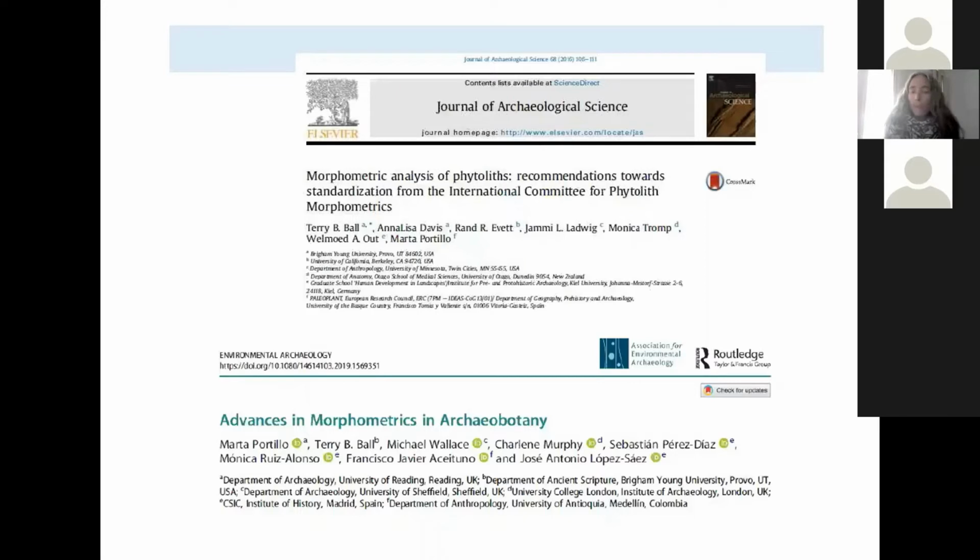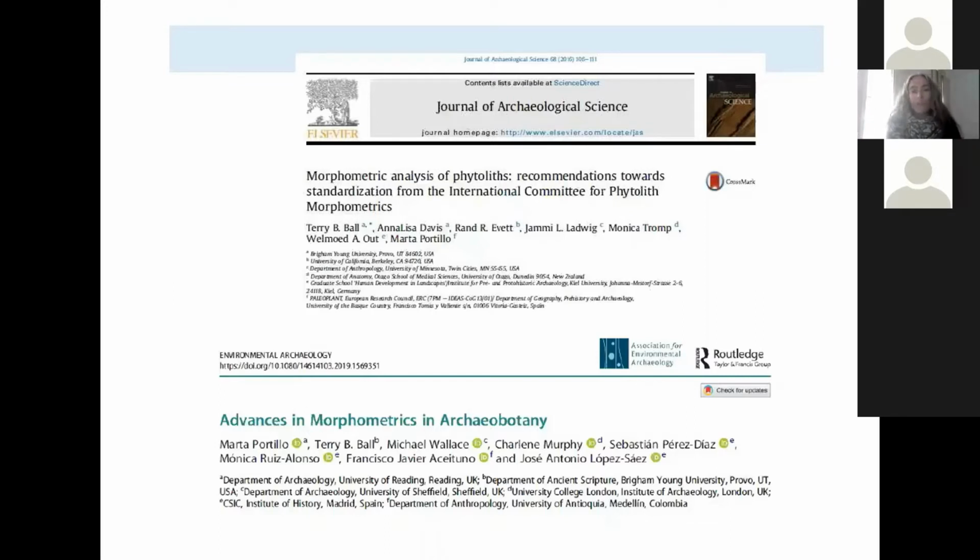We published recently, a few years ago already, our recommendations for standardizing these methods. And also, at the bottom, that's another reference, which is more general, on morphometrics in archaeobotany, which includes also the phytoliths and also starches and pollen grains, and also macroremains, charred seeds and wood charcoal.